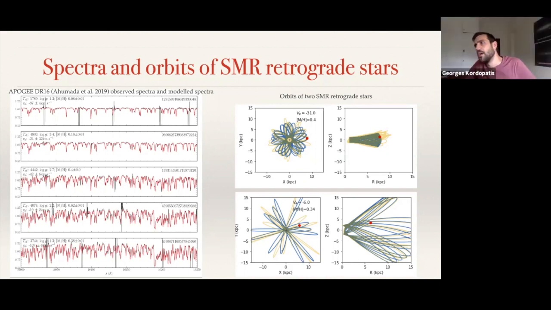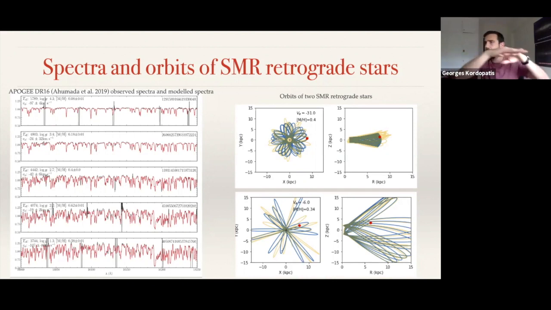Exactly. So at least my understanding of things, and I think this is the understanding of a lot of people, is that let's assume now that you have a disk galaxy. The way to form stars is that you form stars from the gas that exists there. And the gas follows the general motion of the disk.